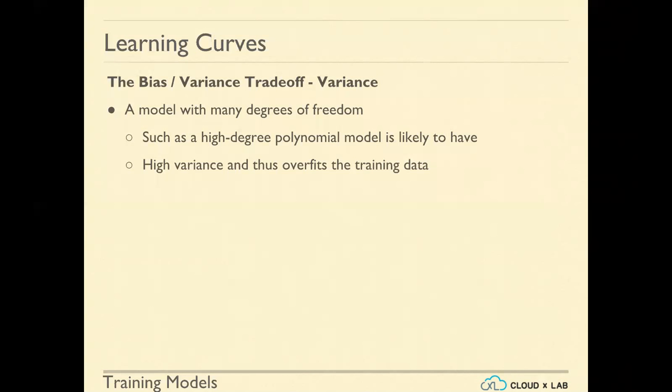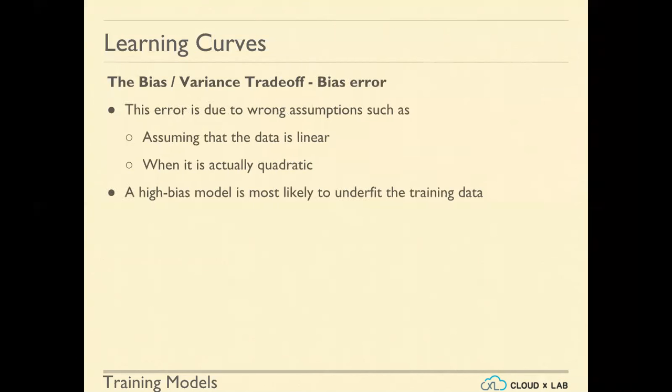High variance because you have many features to tune and many thetas to compute, and there would be overfitting of the training data. So variance is the result of overfitting, and bias is the result of underfitting.